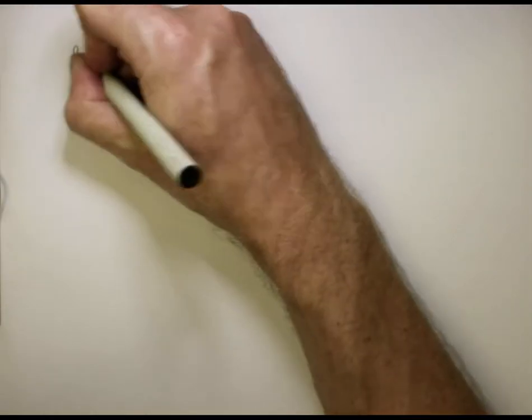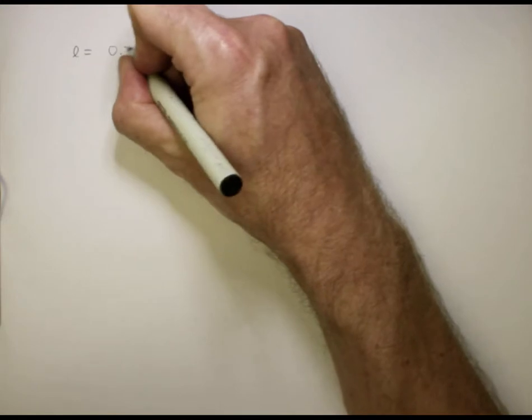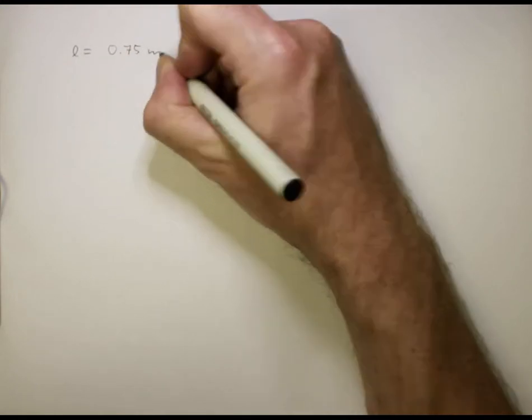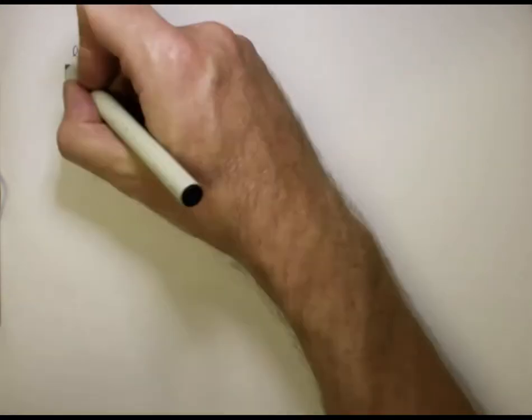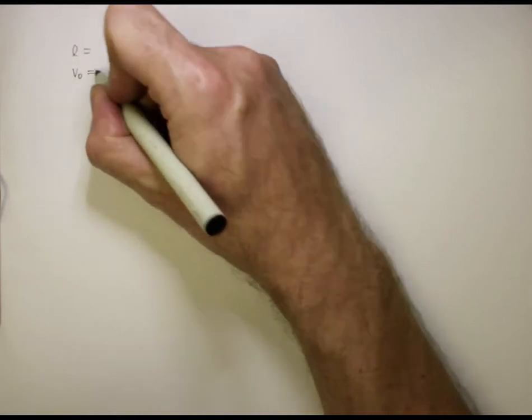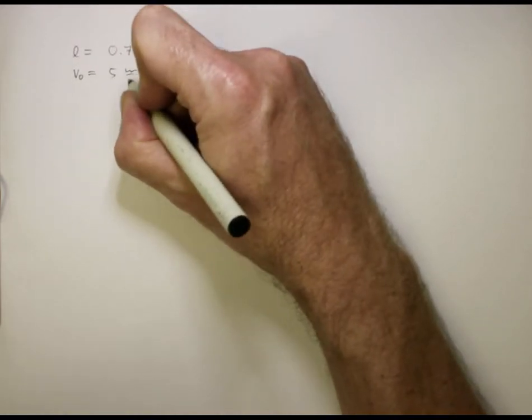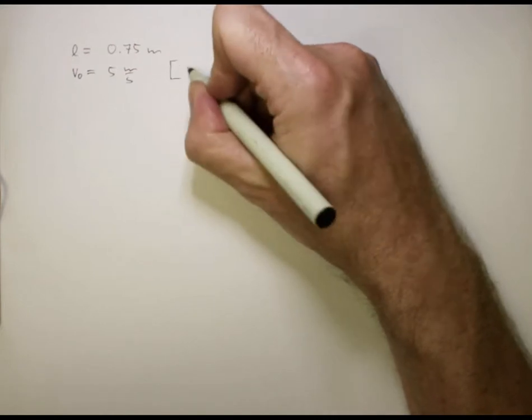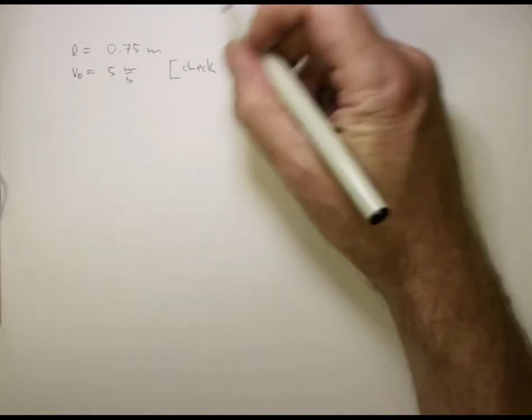Now for an actual system, we might assume that the speed in the horizontal position, v0, is 5 meters per second, and the length of the string is 75 centimeters. With those numbers, we write them down first: L, the length of the string, 0.75 meters, and a v0 speed of 5 meters per second. The first thing we can do is apply our check. Is that actually possible?